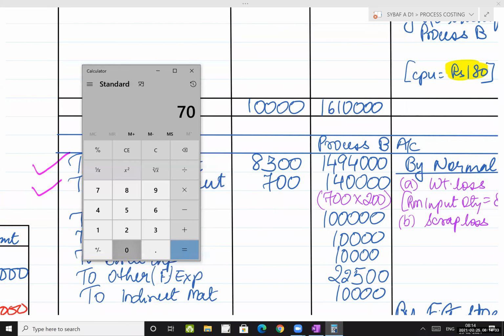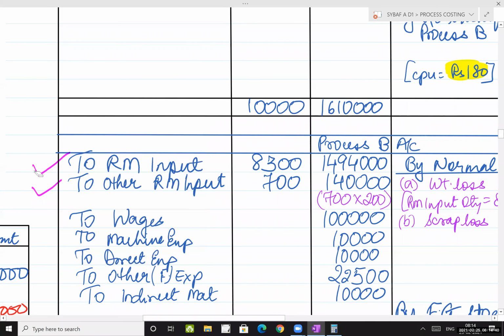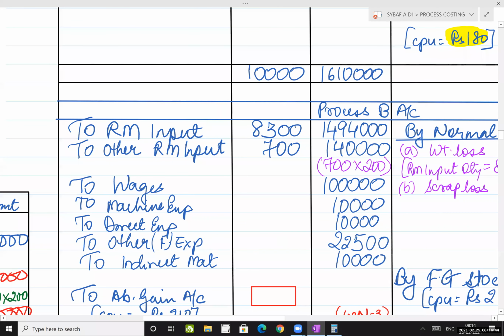How much? 700 kgs multiplied by 200 per kg. So 1,40,000. Okay, debit side. Then wages 1 lakh, machine expense 10,000, direct expense 10,000, factory expense 22,500, indirect material 10,000.